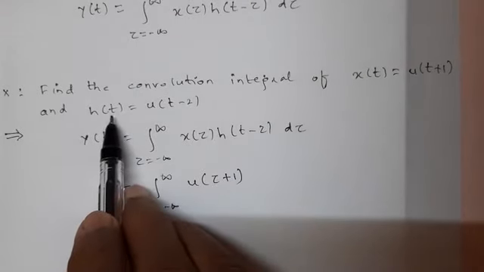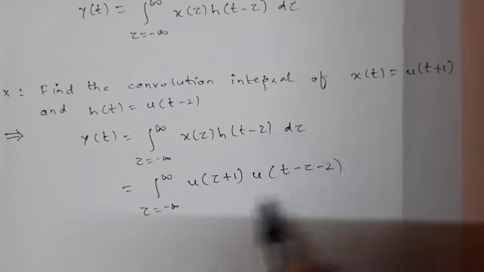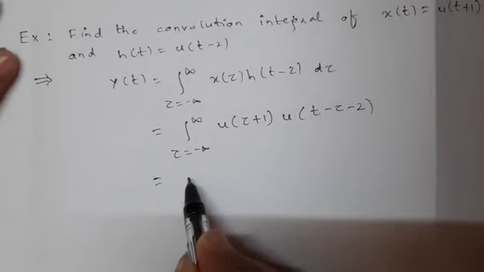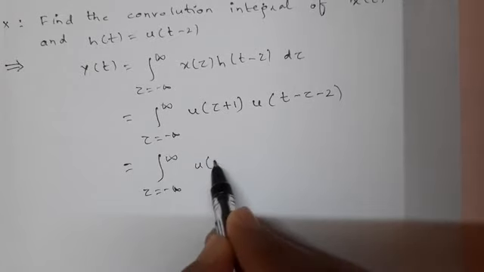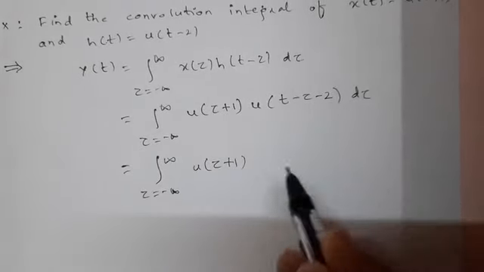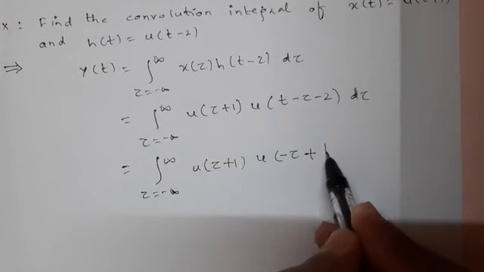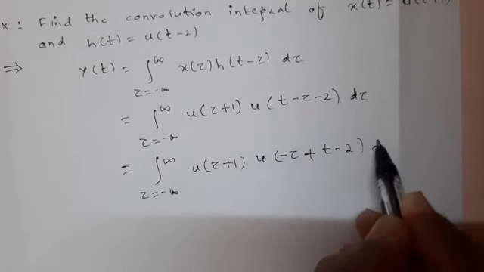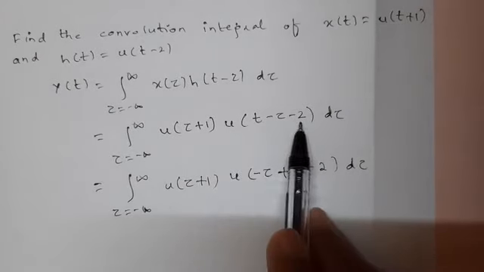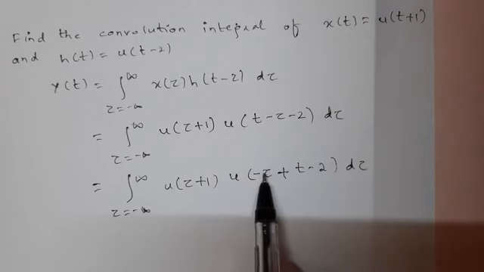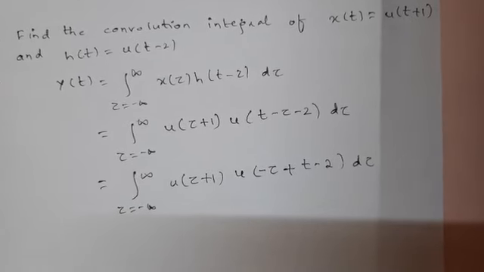Replace t by t minus tau in h of t, which becomes u of t minus tau minus 2, which can also be written as integral from tau equal to minus infinity to plus infinity, u of tau plus 1, u of minus tau plus t minus 2, d tau, which we wrote in the previous case as h of n minus k, minus k plus n, whatever you had, right? So the same thing we are trying to write in terms of continuous time system.